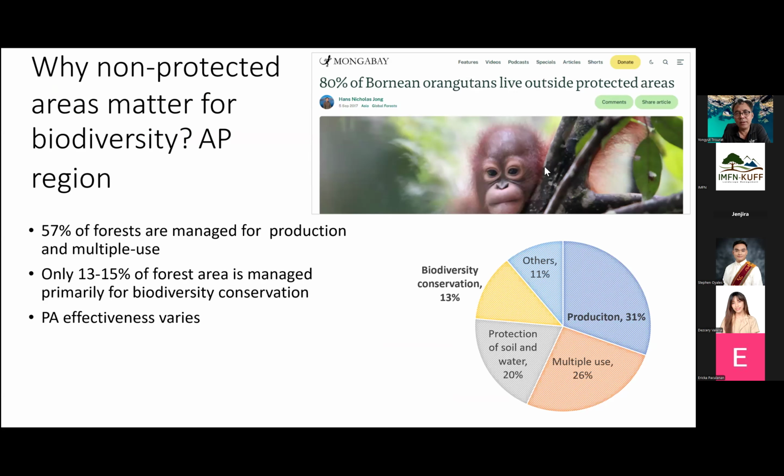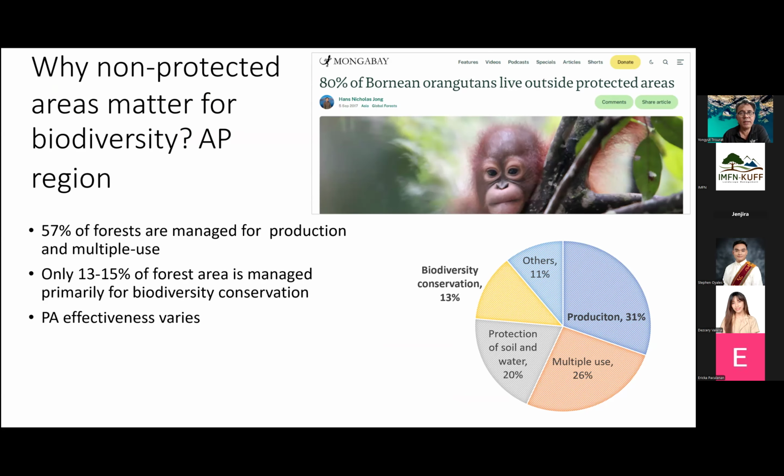Even though some orangutans live in protected areas, according to long-term monitoring and research, they found that 80% of Borneo orangutans live outside protected areas.